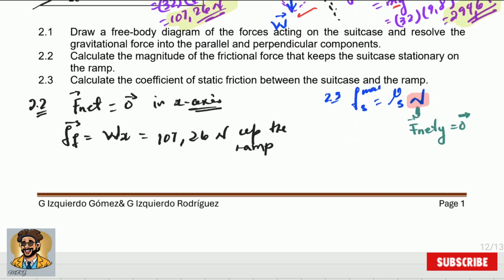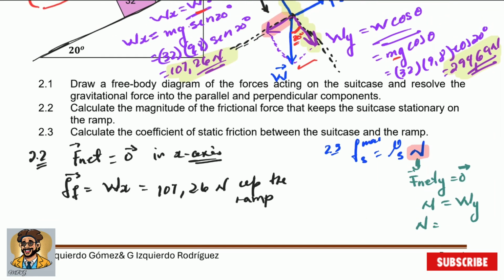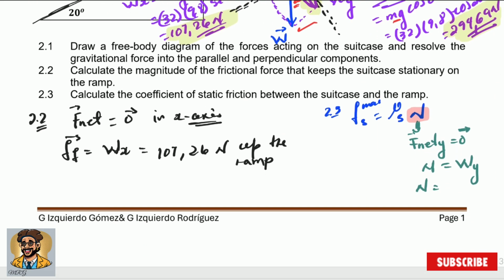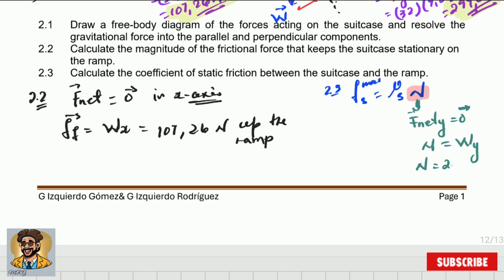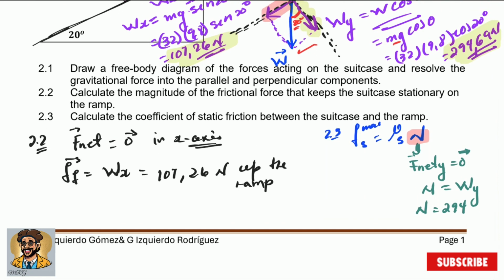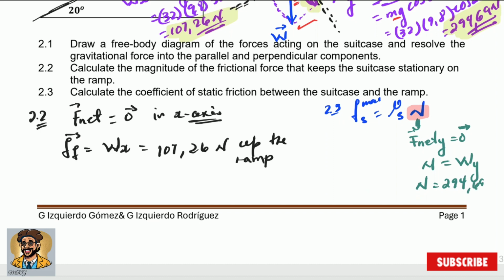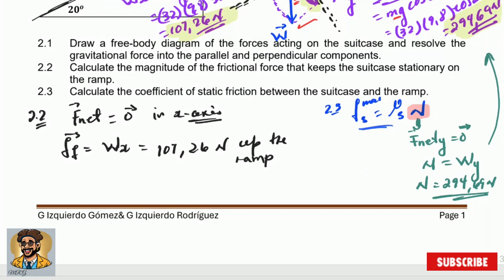So we know then that the normal force is equal to the weight in the y-axis, and we did calculate already that one there, which is equal to 294.69. That is the normal force. It's not a formula. We have to use the free body diagram. Okay, now we have everything we can substitute.